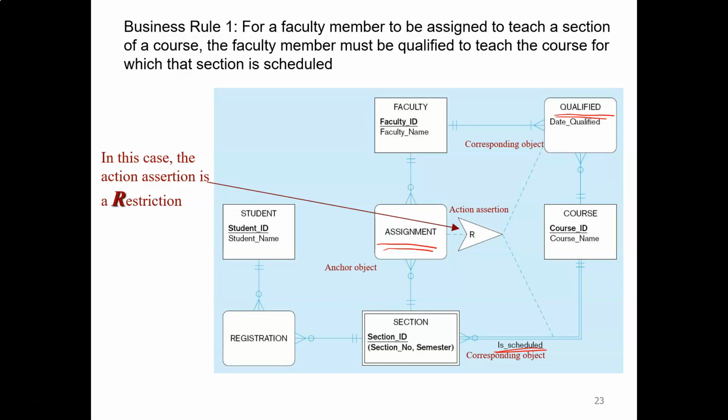So in this case, we draw an arrow from the anchor object and put the letter R inside this arrow, which means restriction. And then we also connect this arrow with qualified and scheduled, which are corresponding objects, because these corresponding objects are limiting the action that can be performed on the anchor object.